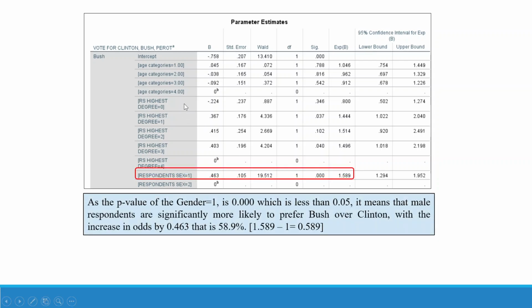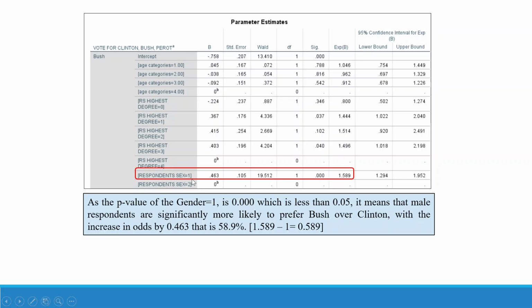Now, you will not get the estimates. If there are 4 categories, you will not get the estimates of any one. So here you did not get any estimates for age category 4 and highest qualification 4. Similarly, here also you will not get an estimate for gender equal to 2, which is female. So what will be my interpretation? See, this is positive and the p-value is less than 0.05.